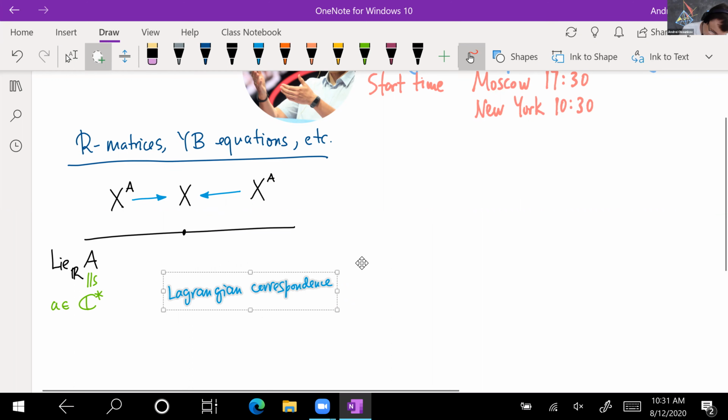So the R matrix, which will depend on the ratio of A1, A2, is this composition. And both of these maps are isomorphisms after localization. This is an actual map, but this is an isomorphism after localization.